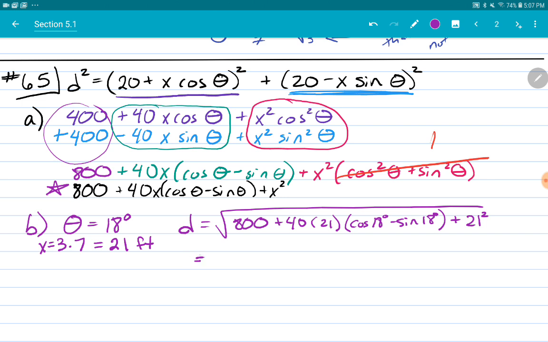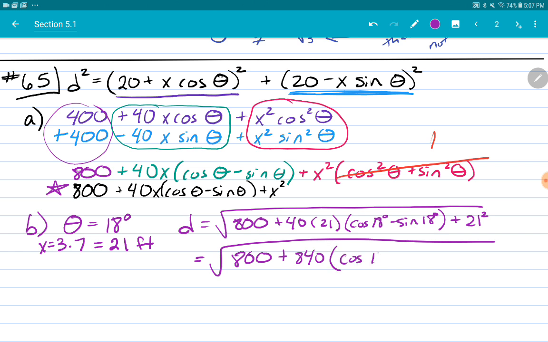Actually not yet, no calculator just yet. So let's still do 40 times 21 gives me 840. And then let's go ahead and leave this in exact form so we don't need a calculator. 21 squared gives me 441.